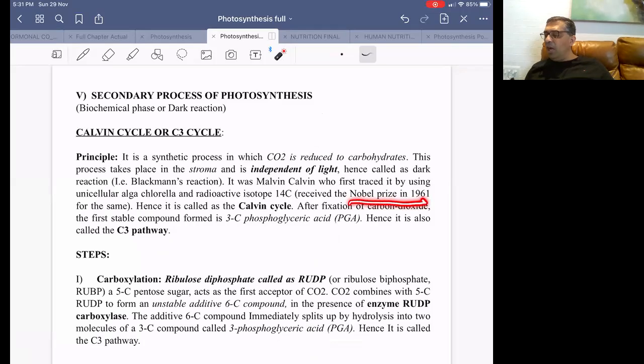And after fixation of carbon dioxide, the first stable compound formed is a 3-carbon phosphoglyceric acid. Hence, the pathway is also called C3 pathway.